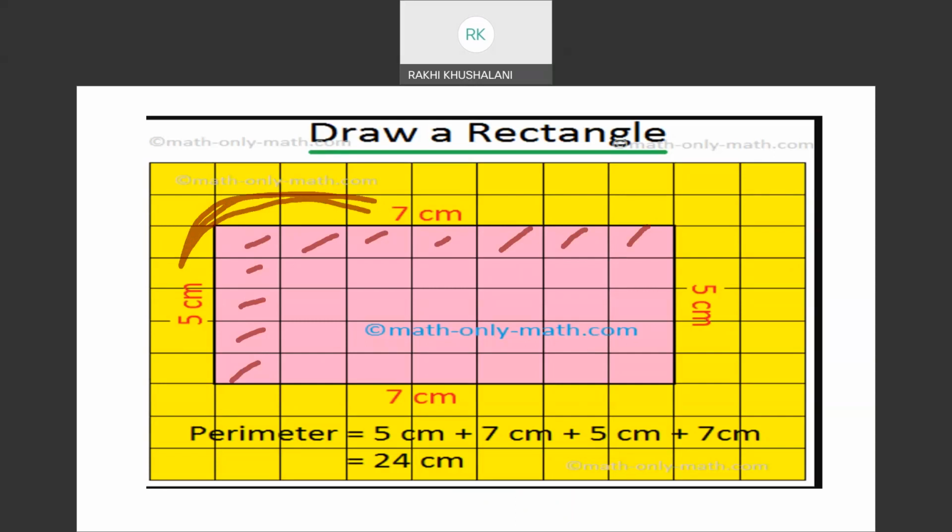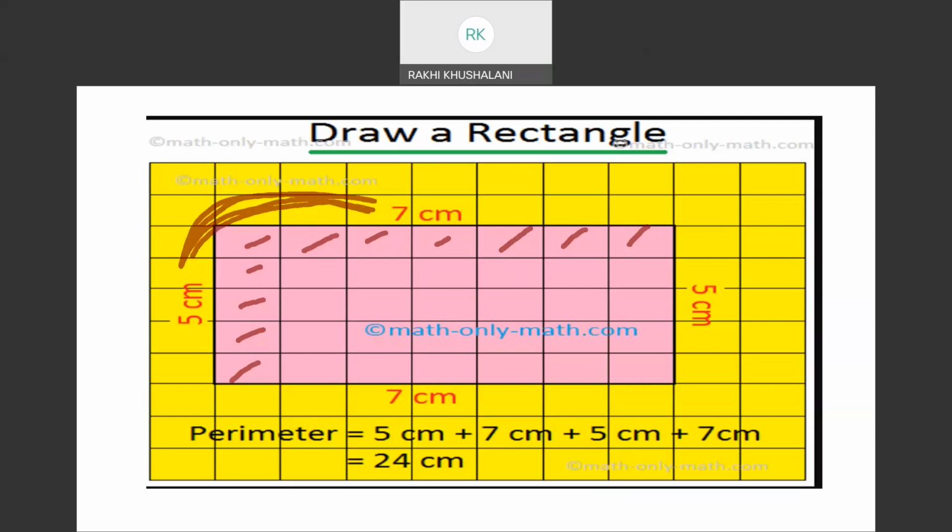If you physically sit and count the number of squares here, sorry children, the screen is a little landscape form, so fewer squares are visible. So every time it is not possible to sit and count the squares. So another way is you take one side into the other side, like 5 into 7, it gives me 35.